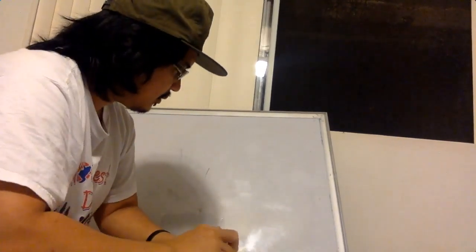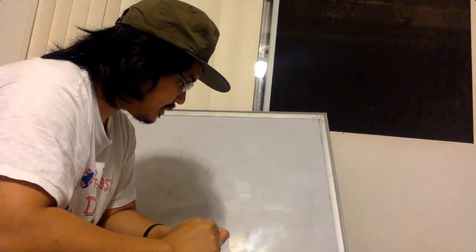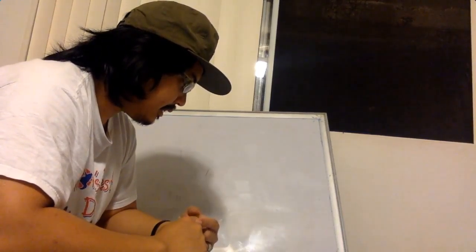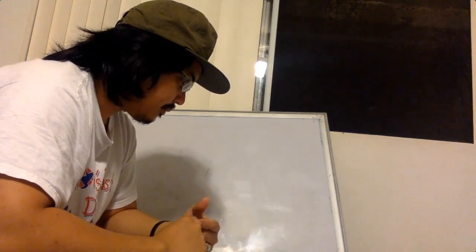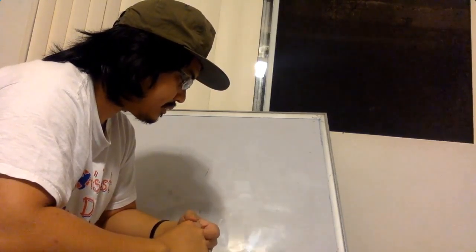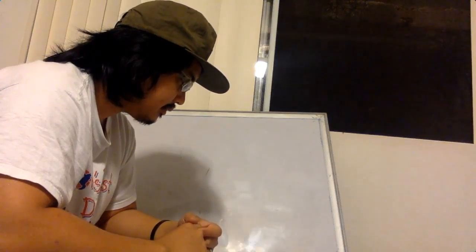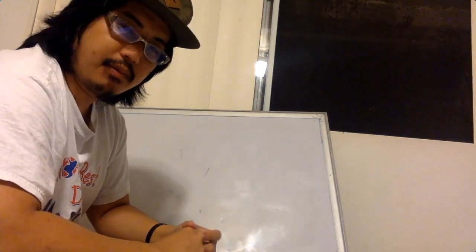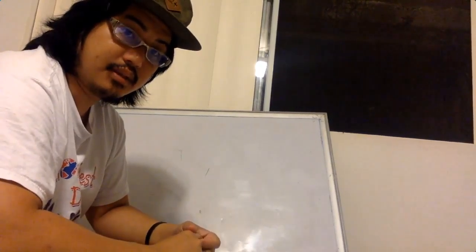Sumin weighed 40 kilograms last year. She weighs 43 kilograms now. Express the increase in weight as a percentage of her weight last year. Okay, so let's do it their way, which is a good way.